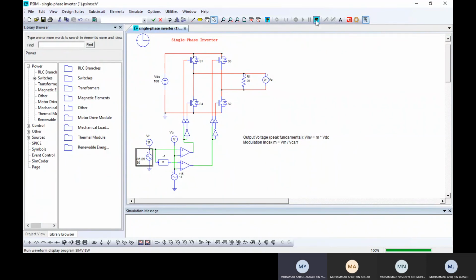Assalamualaikum. My name is Muhammad Saiful Anwar. For question F, the harmonic spectrum for the output voltage can be obtained through FFT analysis. To set up our FFT analysis, we use a linear scale and we select the axis range from 0 to 2.5 kilohertz for the frequency.